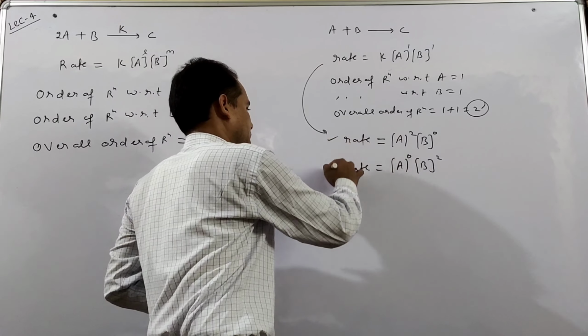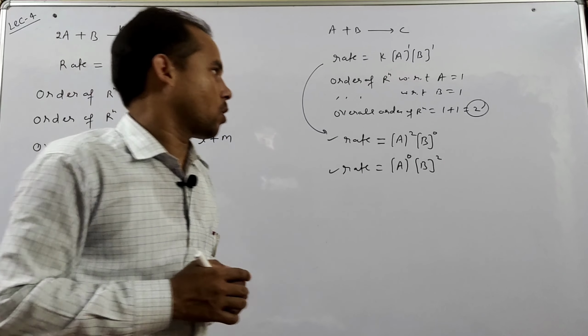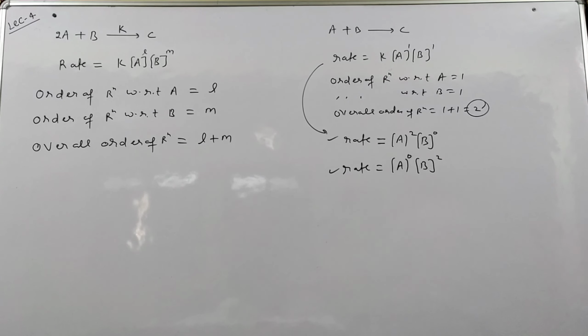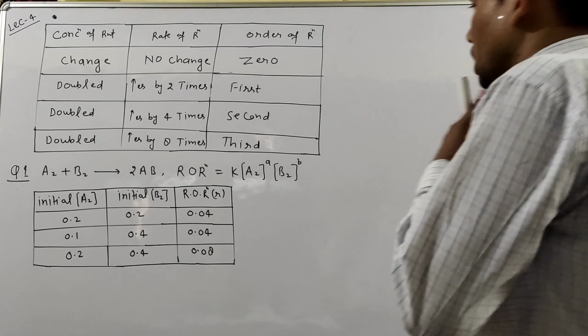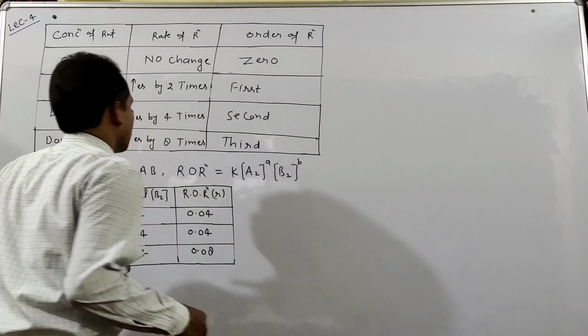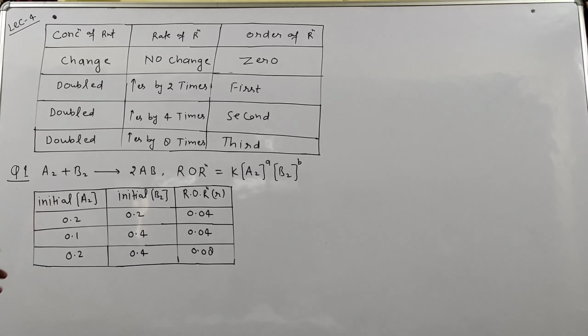So I think you understand this concept of order of reactions. A lot of numericals are asked in the examination. There are some conclusions we draw from the order of reactions.